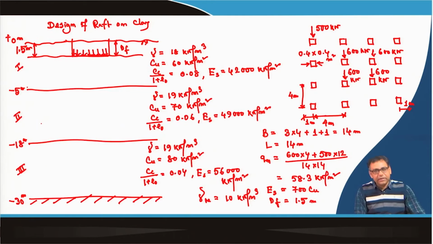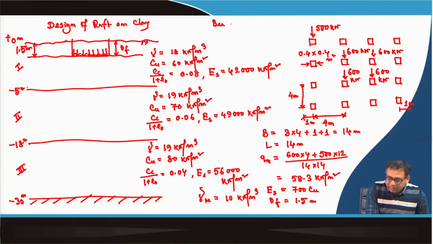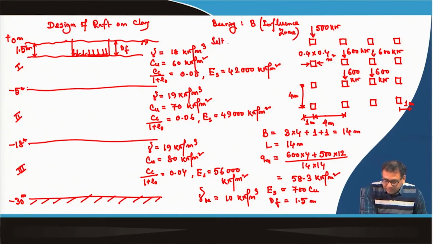Because as I mentioned in my previous example problem, for bearing our influence zone is B. Okay? And for settlement it is twice B. So, B is 14 meter.